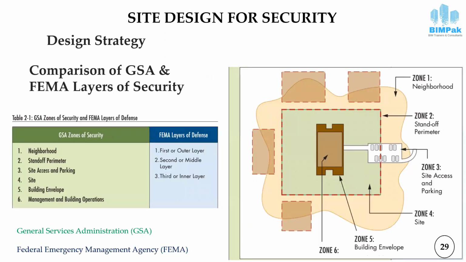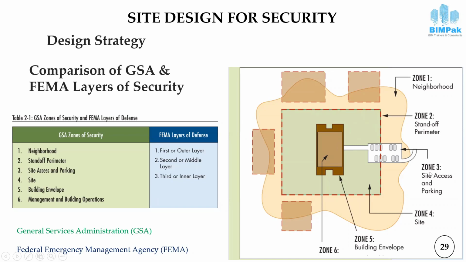So here we can see that in case of GSA zoning, we have the neighborhood. These are the areas which are not in the control of the owner of the targeted building. Then we have the property line. This is called the perimeter of the area, which is under the control of the owner of this building.